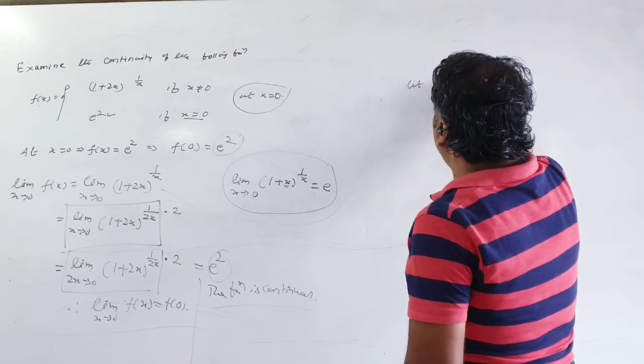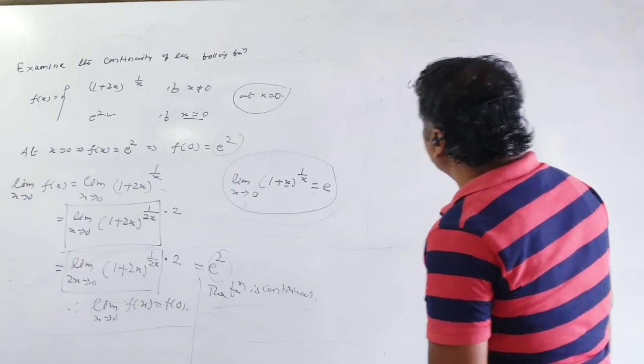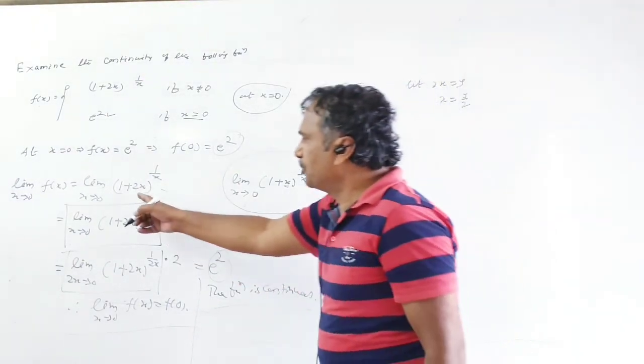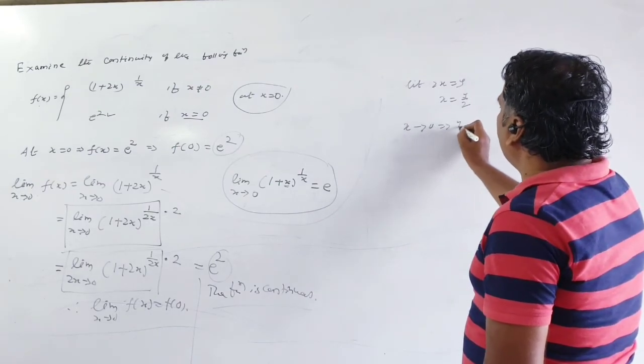Or here you can also write: let 2x equal to y, so x equals y by 2. Now limit x tends to 0 means y tends to 0.